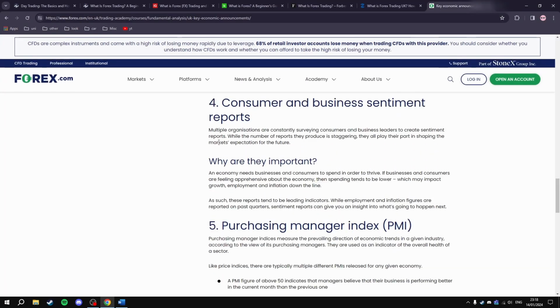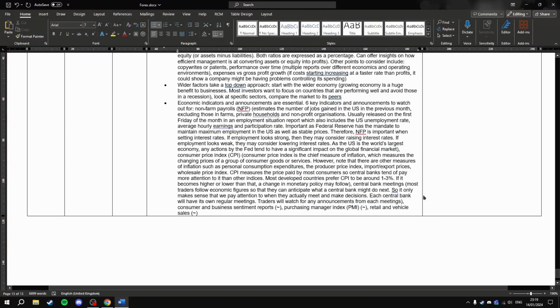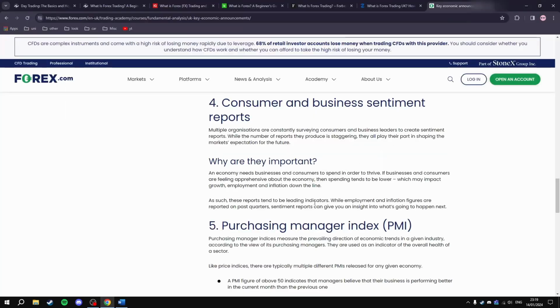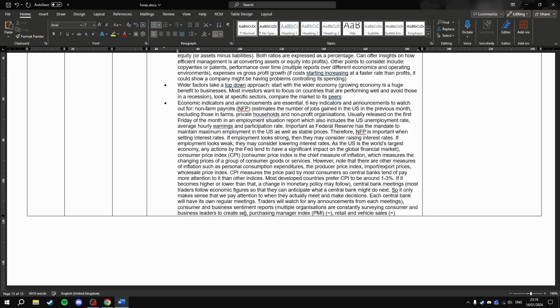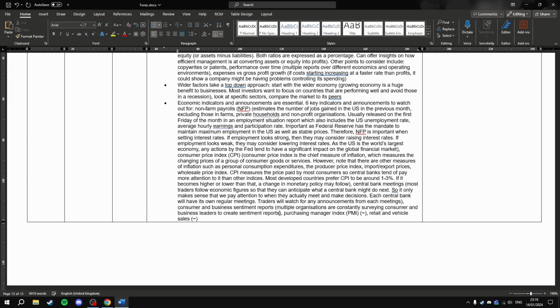Consumer and business sentiment reports. Multiple organizations are constantly surveying consumers and business leaders to create sentiment reports.